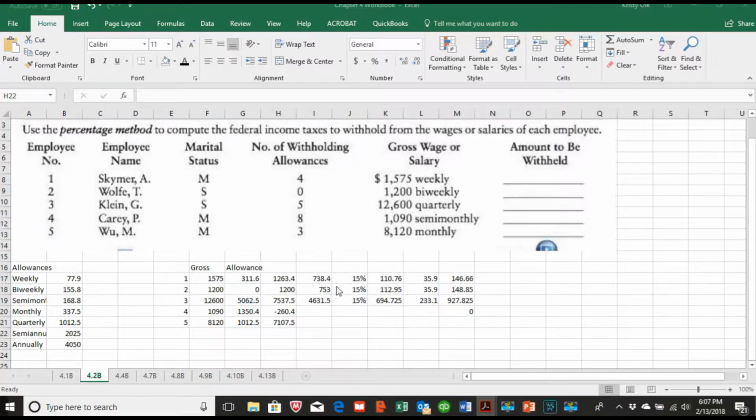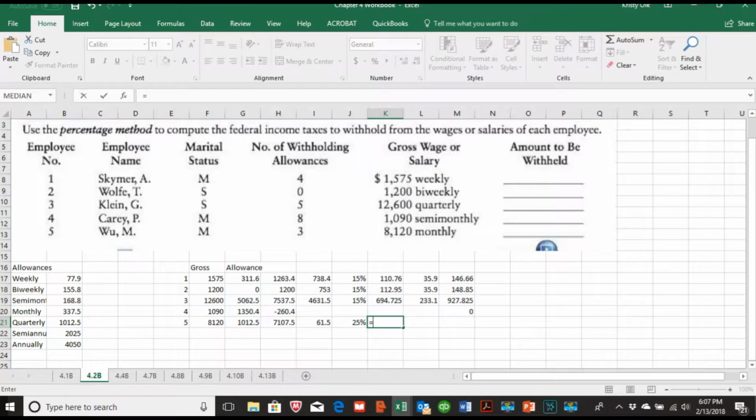Let's open that up a little wider for me. So the 7105 is anything over 7,046. So anything over 7,046 is going to be at a rate of 25%.